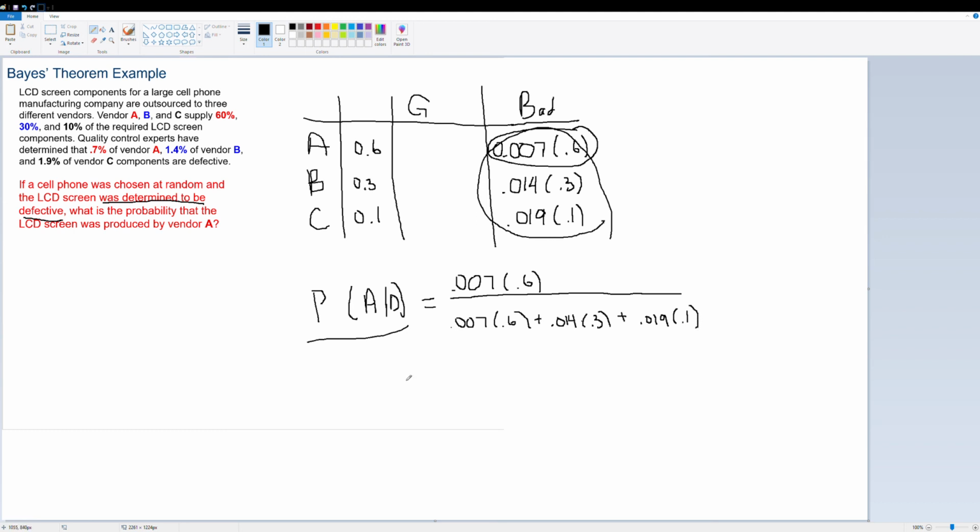And now it's just a calculator problem unless you feel like working this out by hand. When you work this out, what should you get? Well, I'll let you figure that out.